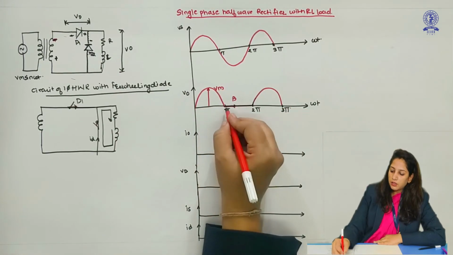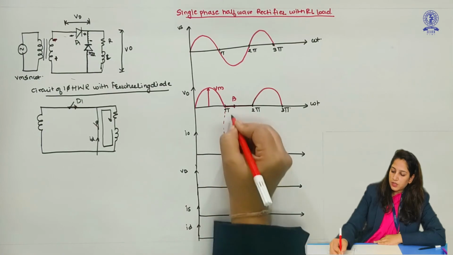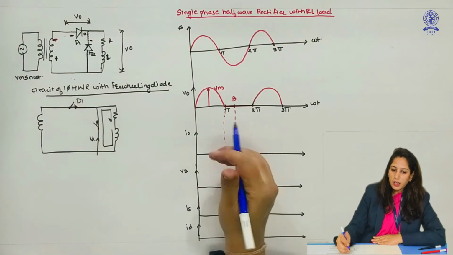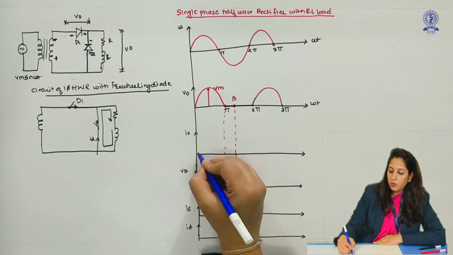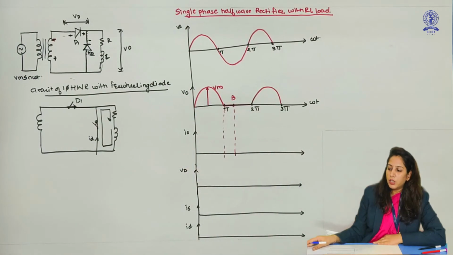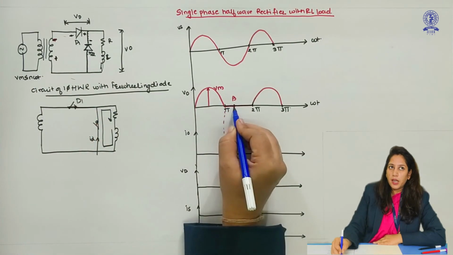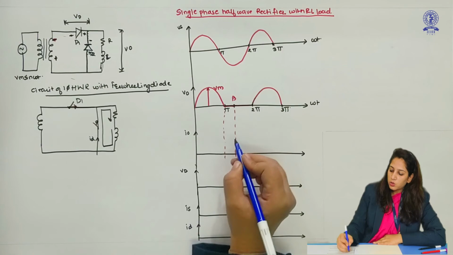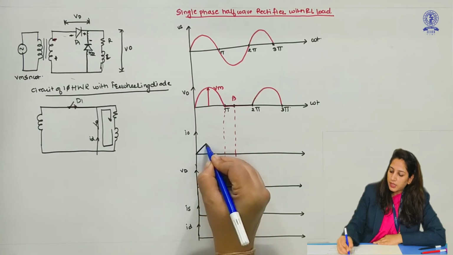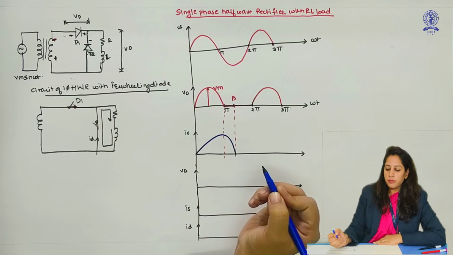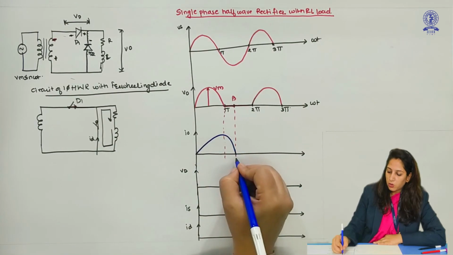But what about current? If I take these projections in this way, my current here will be somehow different. It will not be the same as voltage, because current is continuously flowing, even for the 0 to beta angle. So the current will be slightly less, and it will flow for this angle.